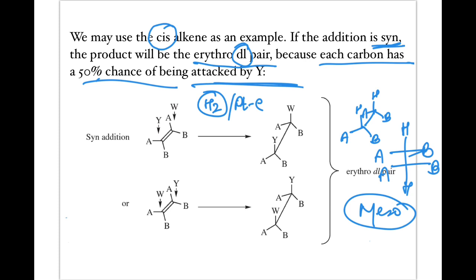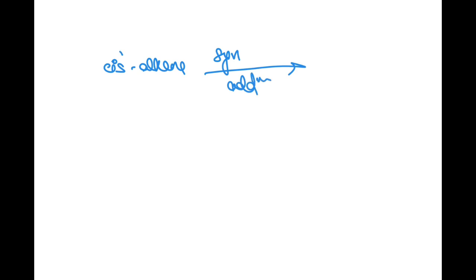So we have to modify one more thing, then it is going to be a short trick to understand this and to remember this: if you are doing syn addition on a cis alkene, that is going to give you the erythro molecule.